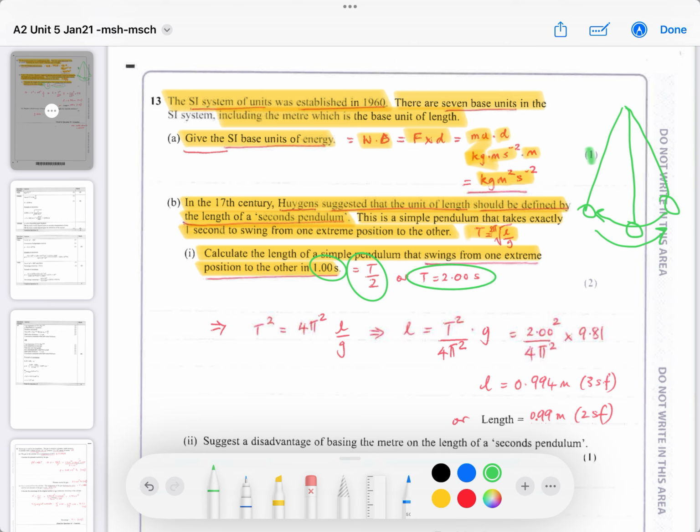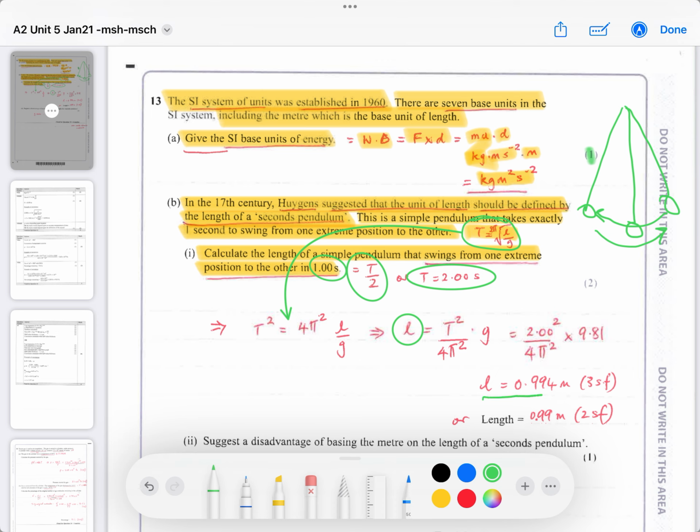Then you can just change the equation by squaring it. T squared equals 4 pi squared L over g, and then you want to make L the subject of the equation. Follow my algebra, put the numbers in: 2 squared at the top, and 4 pi squared on the bottom, multiplied by 9.81.